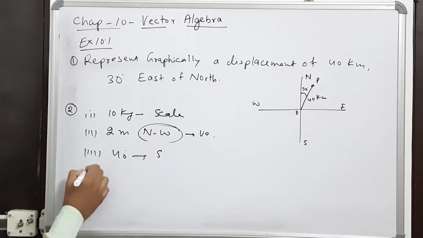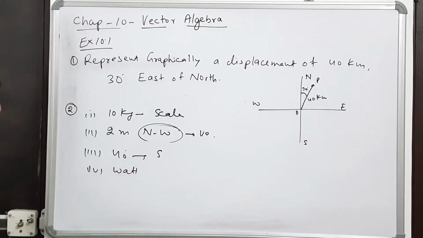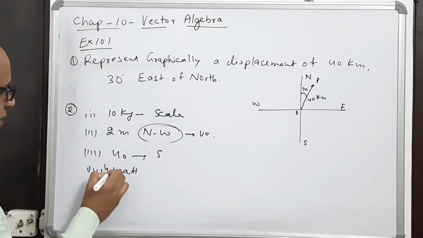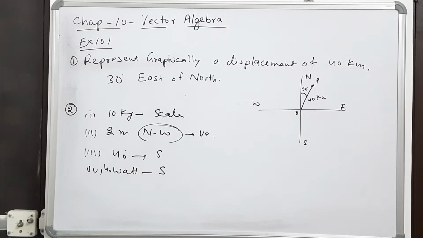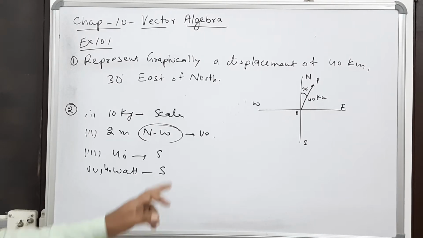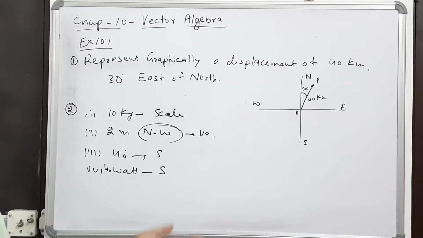The fourth is watt. And how many it is? 40 watt. So 40 watt is again the scalar quantity. You have already read about this part. The next is 10 to the power minus 19 coulomb. It is again a scalar quantity.